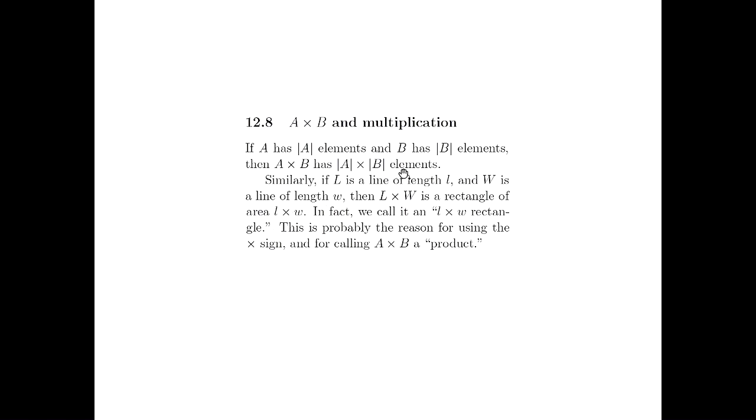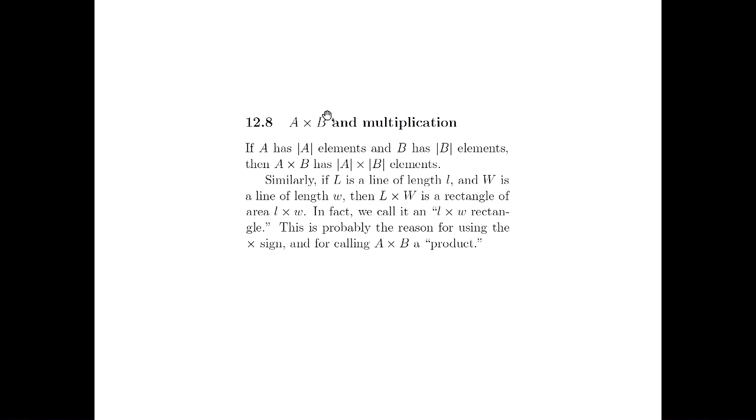So that's one thing. And you can even think of this working in slightly more continuous settings. If you think of L as a line of length L and W as a line of length W, then L times W, in the Cartesian plane, is a rectangle with length L and width W, right? So again, there's this multiplication-y thing going on.